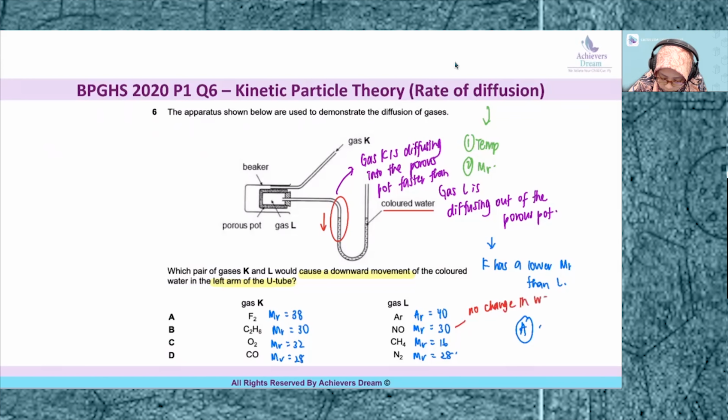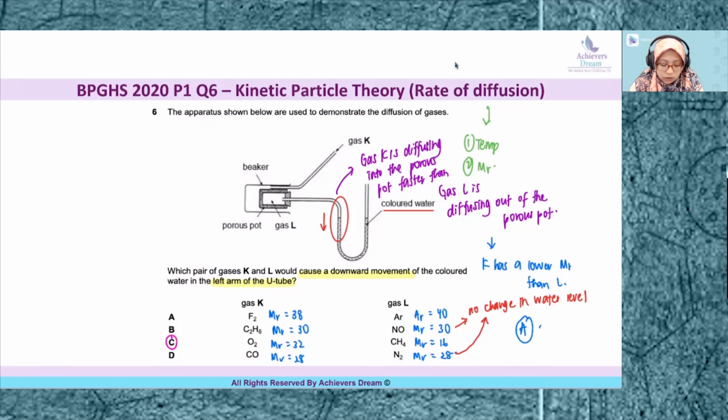in water level. Okay, same for option D. So for options B and D, you will observe no change in the water level at the left arm of the U-tube. Okay, so what about option C? What will you observe if gas K is oxygen and gas L is methane?